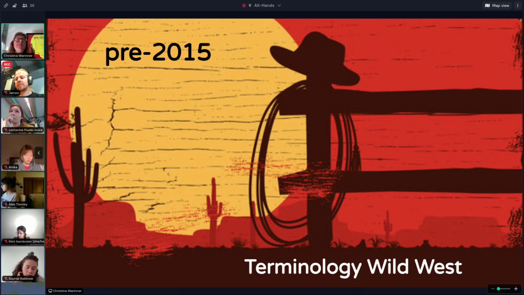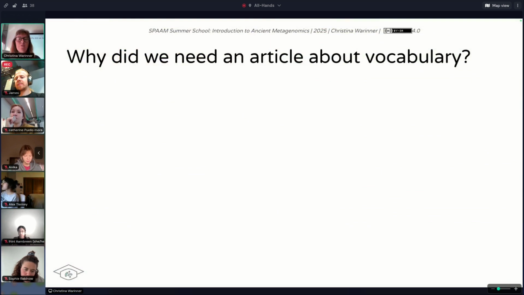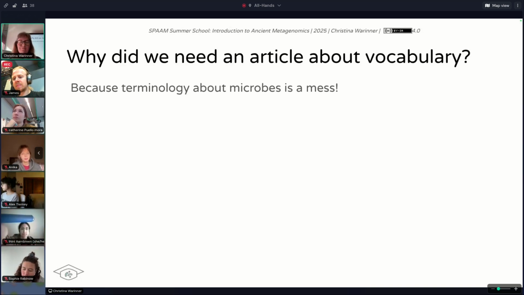Terms were being used in different ways to mean different things. It was extremely confusing in the literature, and it led to a lot of problems in building research because people would use the same terms to refer to different things. So out of frustration, one of the earliest articles published in the new journal Microbiome, founded to serve this growing field, was an article defining the terminology of the field.